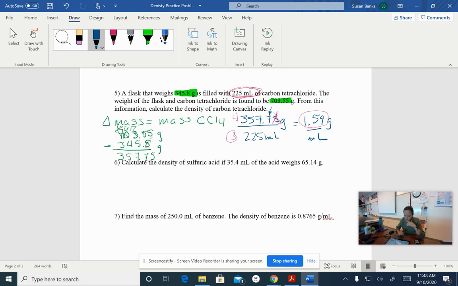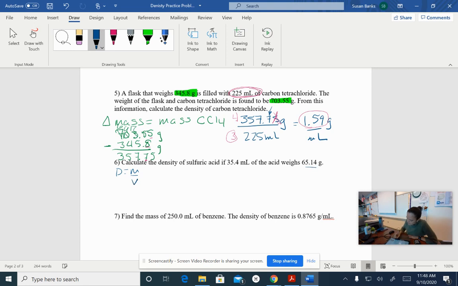We want to calculate the density of sulfuric acid, and we have 35.4 mils of sulfuric acid weighing in at 65.14 grams. So once again, density is mass divided by volume.